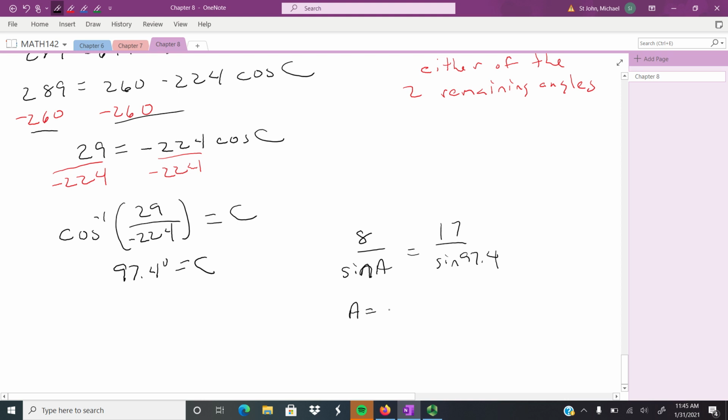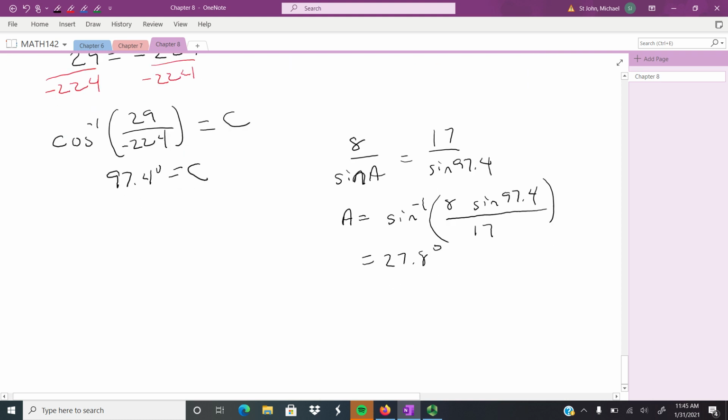Again, cross multiply, divide, take the inverse sine. And we get A is 27.8 degrees. Which means then, of course, that angle B is 180 minus the other two. And so angle B is 54.8 degrees.